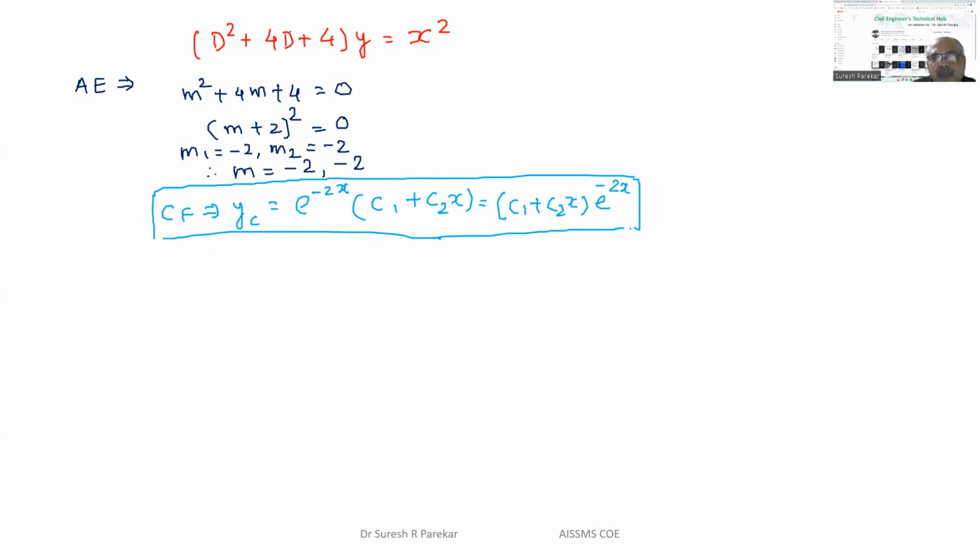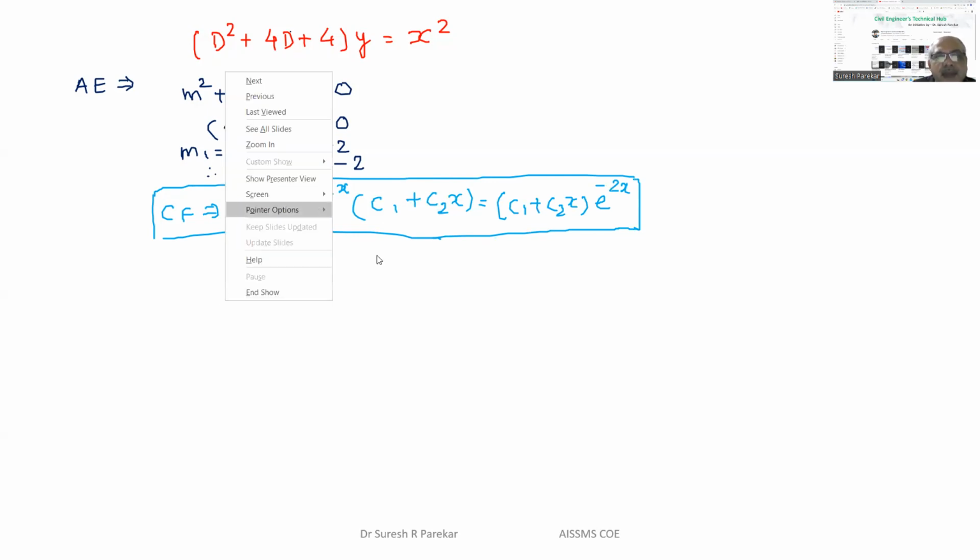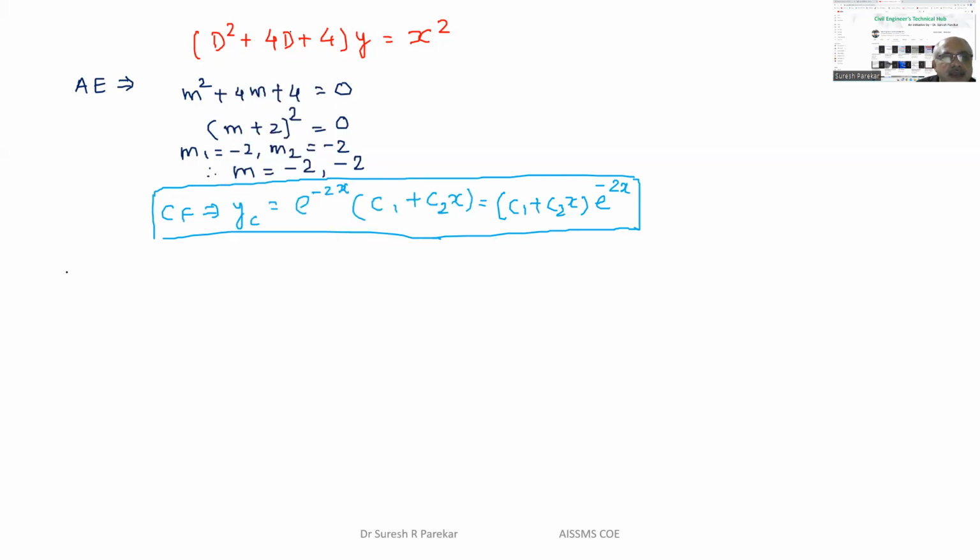Now we will go with the particular integral. So we write it as yp. This is equal to 1 upon D square plus 4D plus 4, acting on x to the power 2.